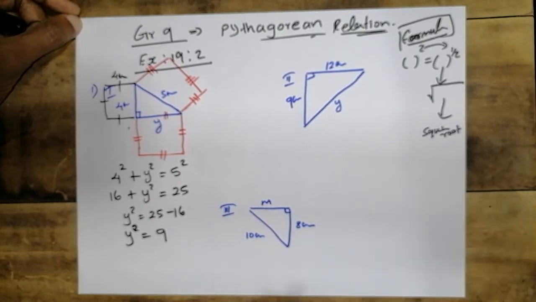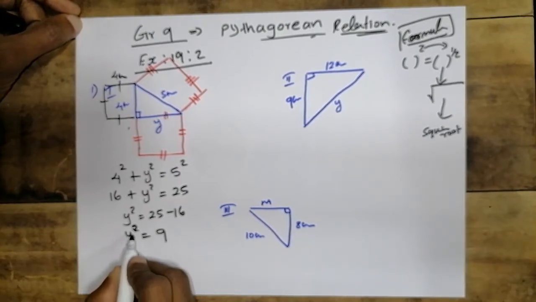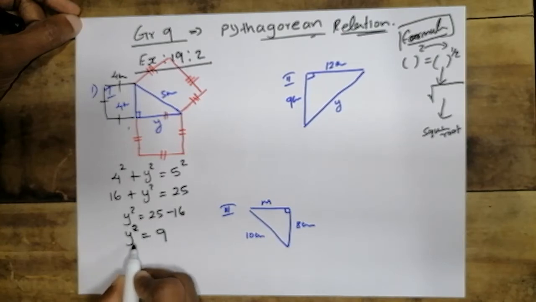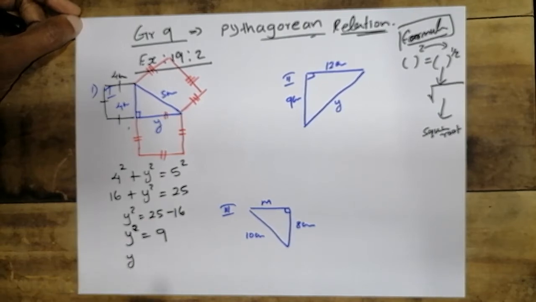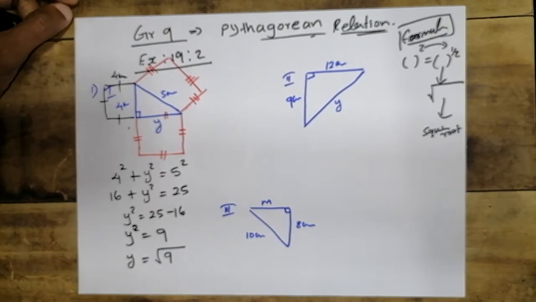So when you want to find the value of y, you should remove the power. We are going to send the power to the other side of the equation. So what will happen? y is equal to the square root of 9.